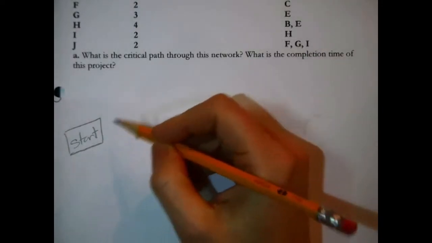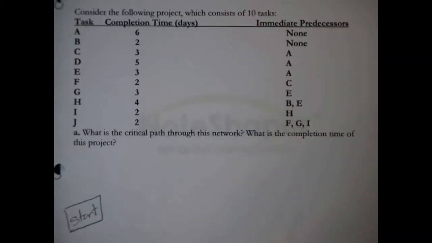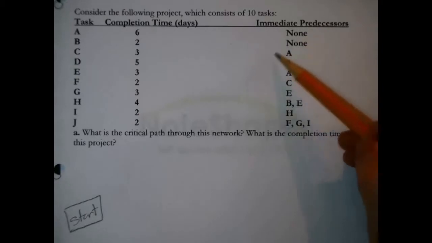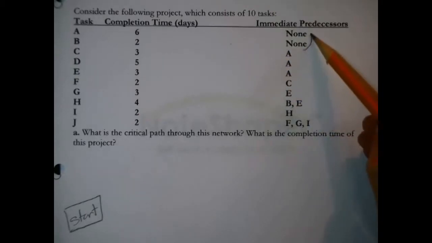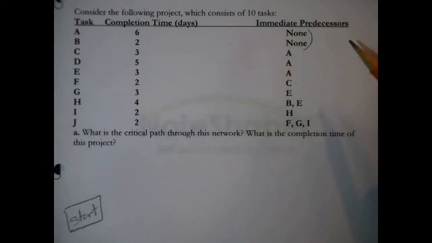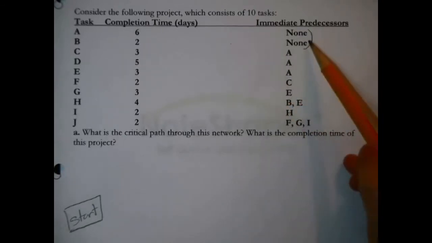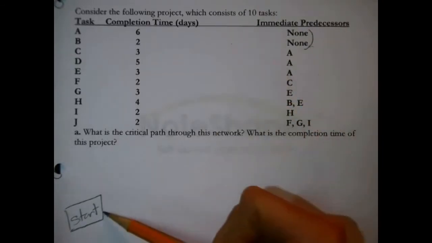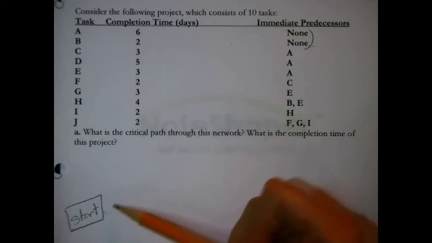Now, what do I draw next? I draw or illustrate, that's another way to think about it, any task that doesn't have any immediate predecessors, and I can see right away that that's tasks A and B, because these are the tasks that can be done at the start of the project, which means they belong near here on the network.